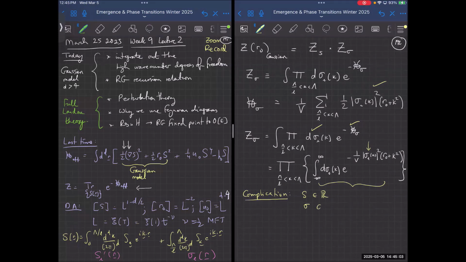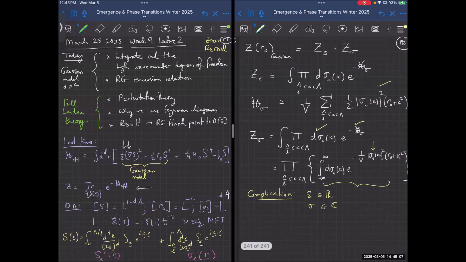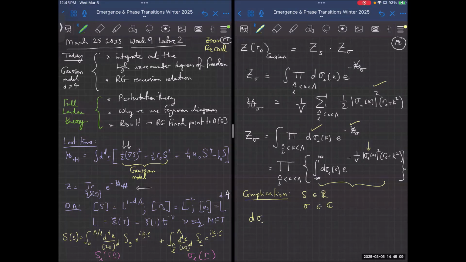So sigma can in general be a complex number. So when we write down d sigma of k, what we actually mean is d of the real part of sigma, times d of the imaginary part of sigma of k.